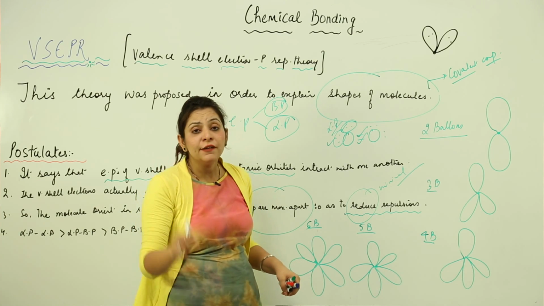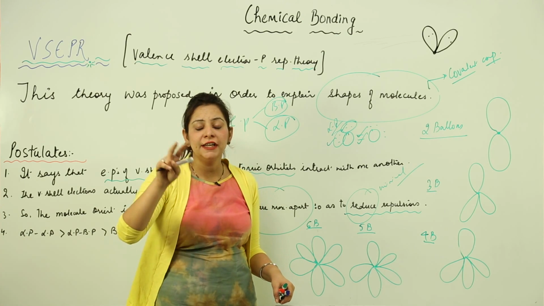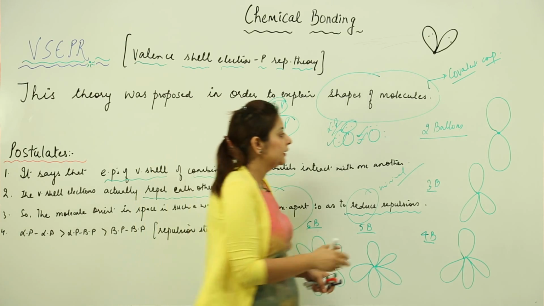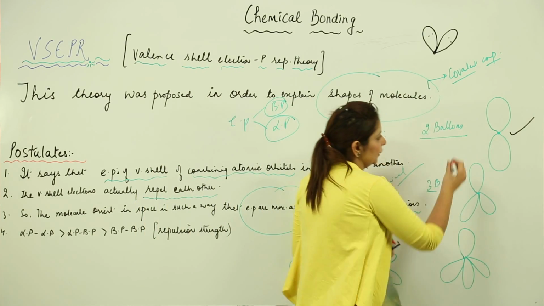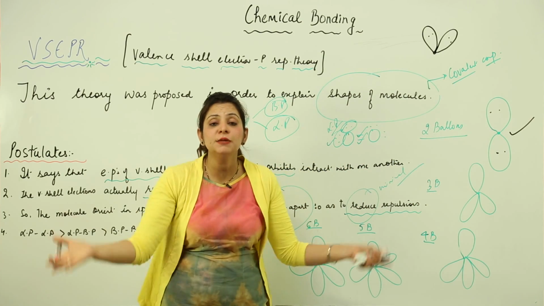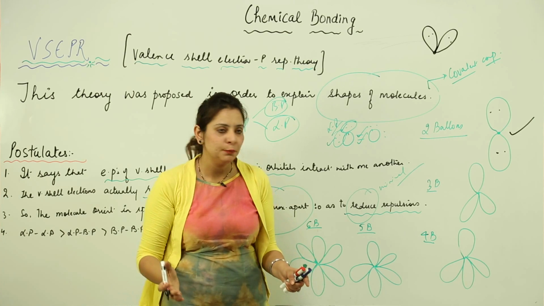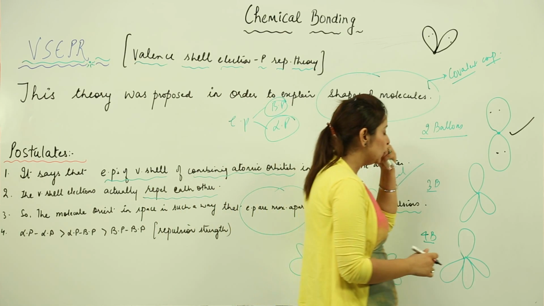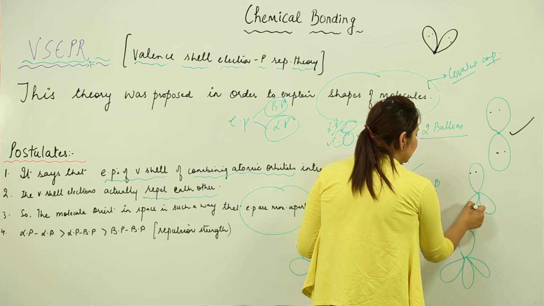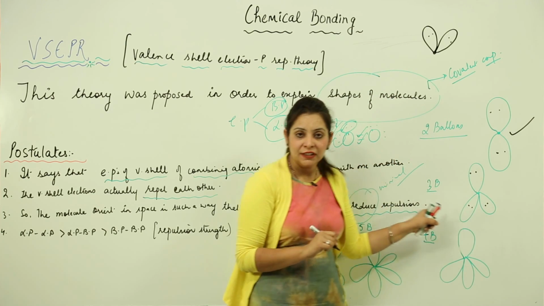So if we have two atomic orbitals, they need to combine. What kind of geometry will they tend to obtain? They will tend to obtain this kind of geometry, right? They acquire this so that they are maximum apart and the repulsions are minimum. Suppose 3 atomic orbitals are combining, then they will acquire this kind of geometry. See, they are far apart.